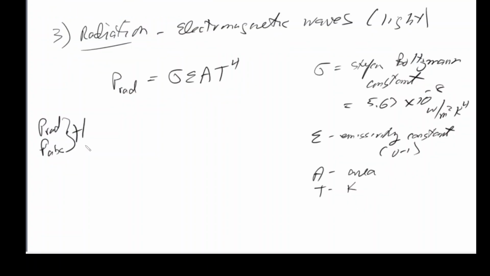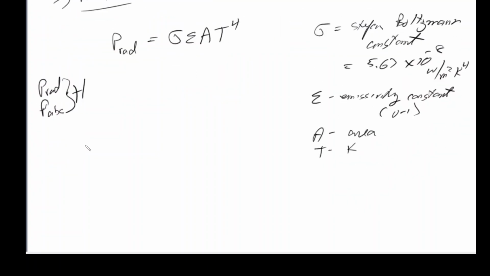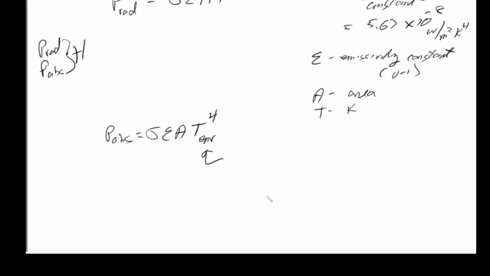Now, an object can radiate and absorb radiation, and the rate of absorption is given as sigma epsilon A times T of the environment to the fourth, where that's the temperature of the environment that the object is absorbing energy from.